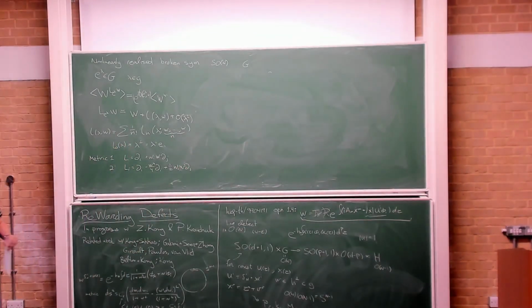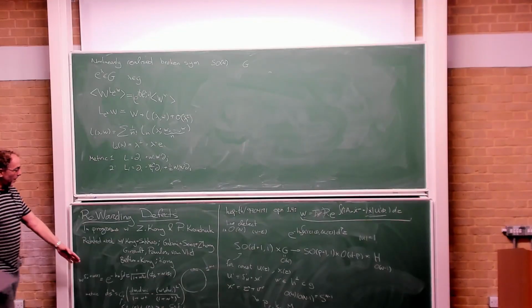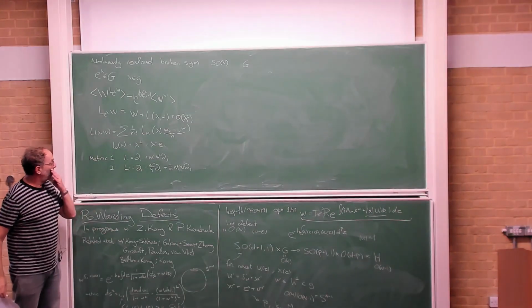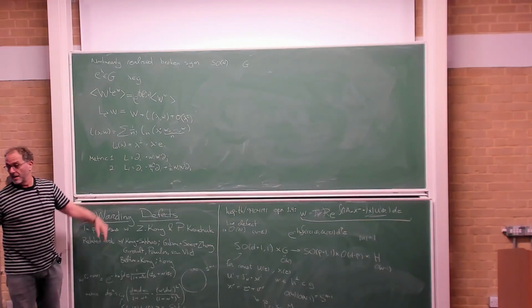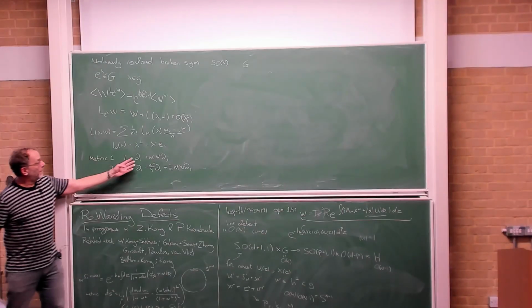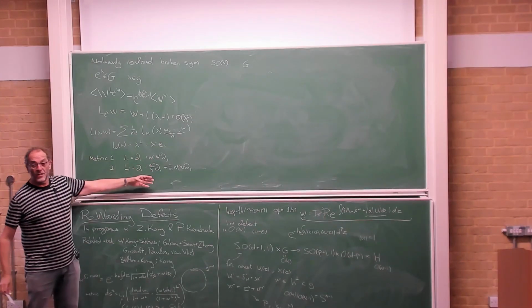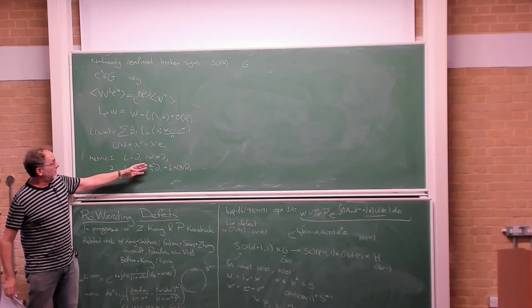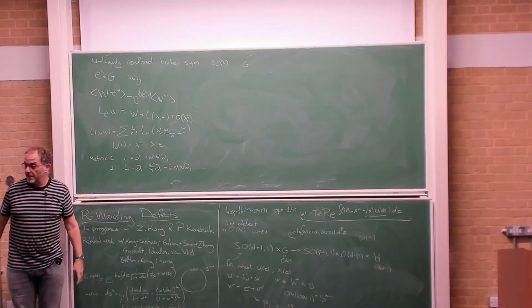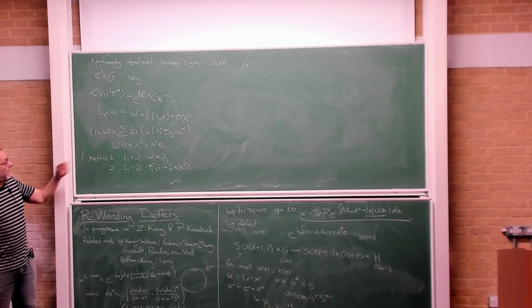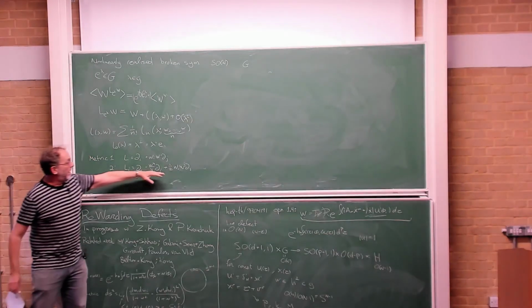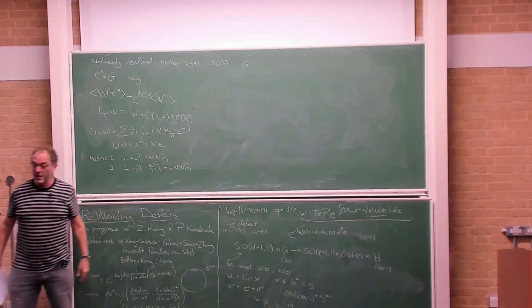So as I promised you, these metrics differ at the quadratic order, and you can actually see it here on the Killing vectors. The Killing vectors are the same at linear order in W. They both vanish, sorry, at constant order in W. They both vanish at linear order in W because it's Riemann normal, and at quadratic order, they are different.